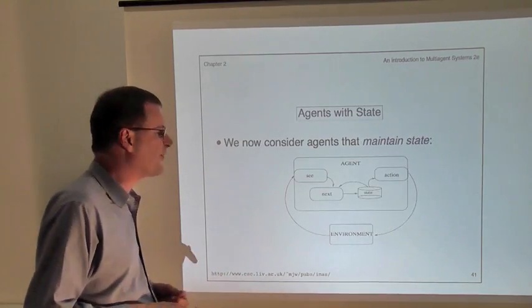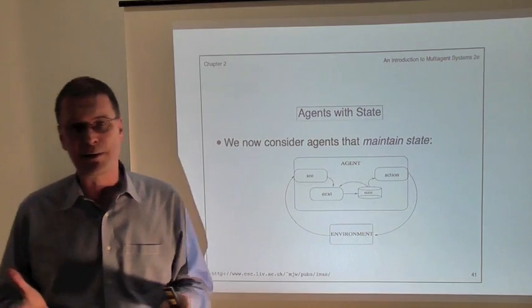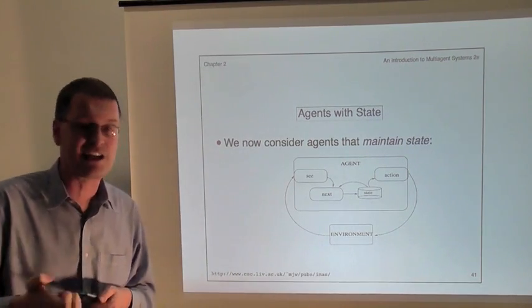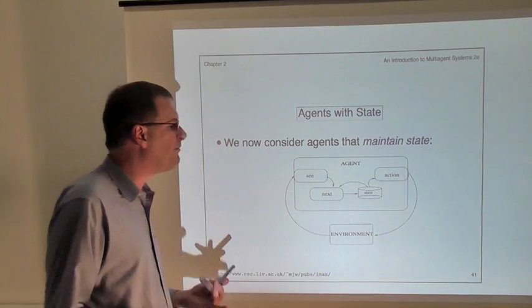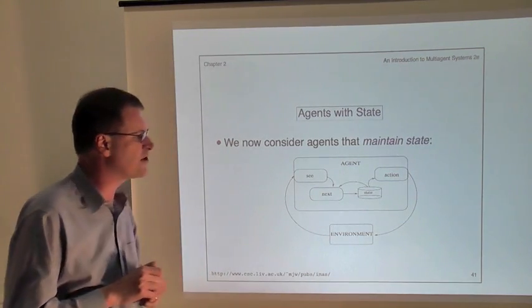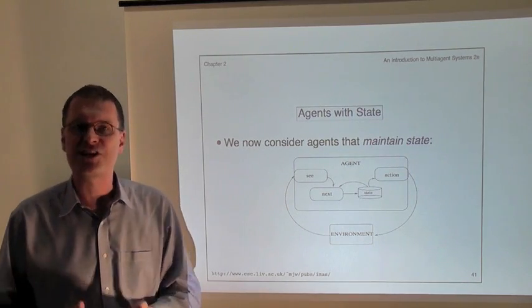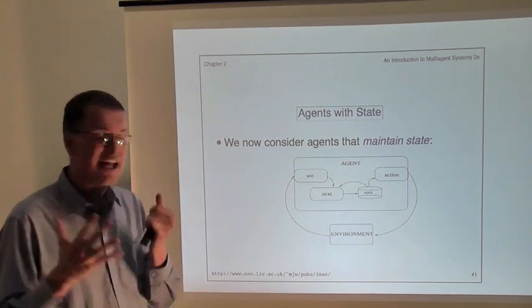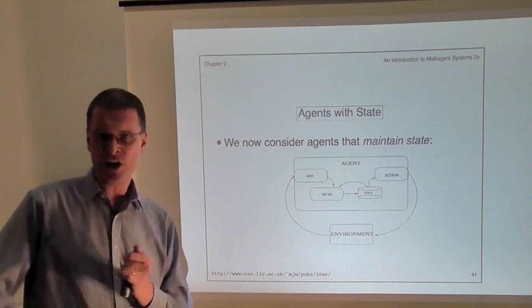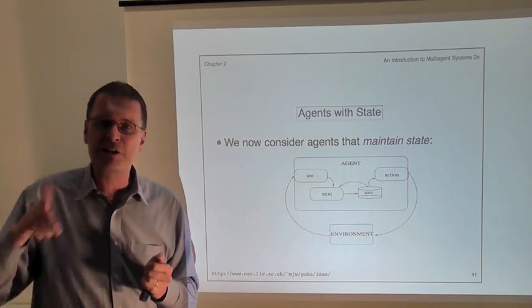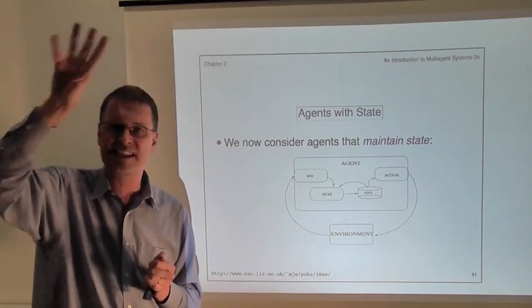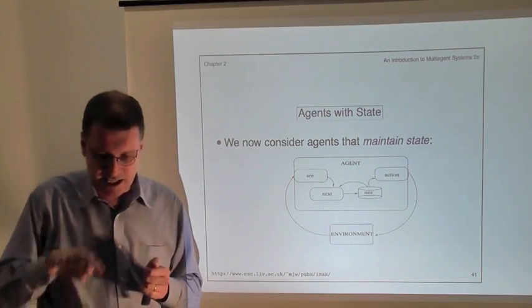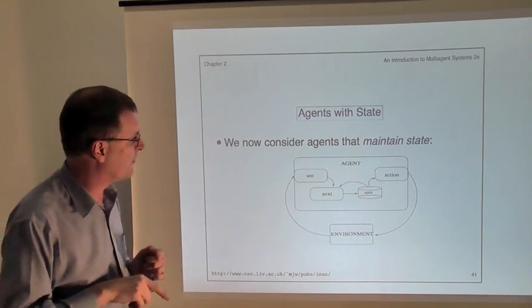Well, still, of course, this isn't giving us terribly many hints about how to go about actually implementing these. So let's do a further, very natural decomposition and start to think about agents as maintaining state. The idea now is an agent has an internal state which it can update every decision cycle. Every time it goes through this sense, decide, act cycle, it's going to update its internal state.